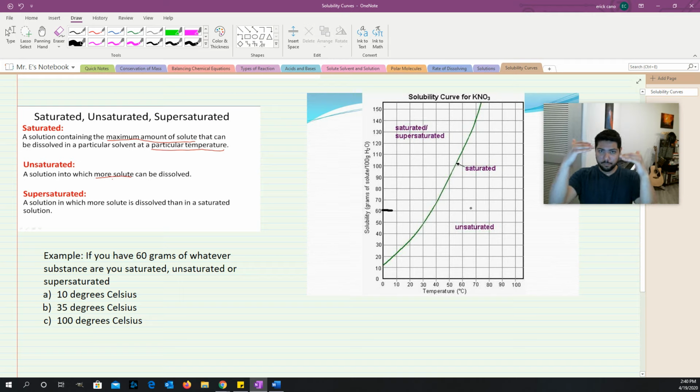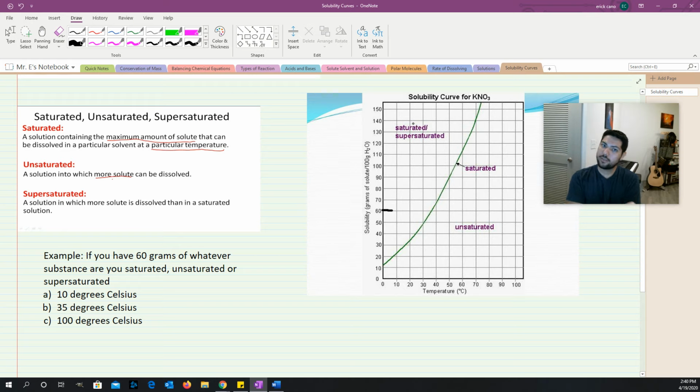Unsaturated is below. It's not full. So that's perfect. It's below the curve. Saturated is on the curve. It's perfect. It's holding the maximum it can hold. And supersaturated, we said, is over. It's more than it can hold. So it'll be above because above is more than it can hold.